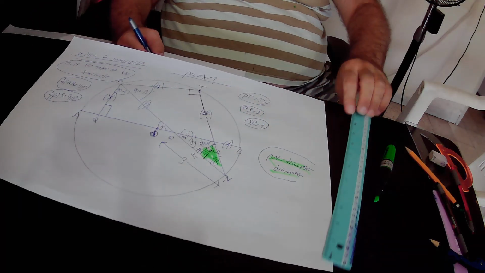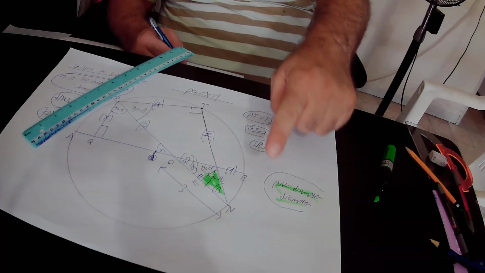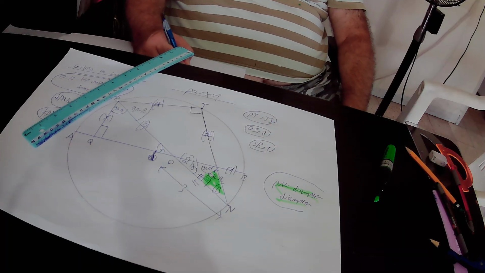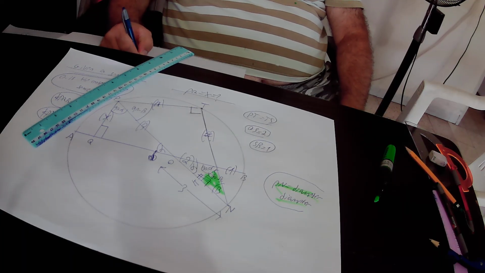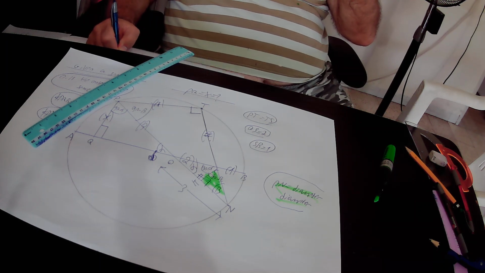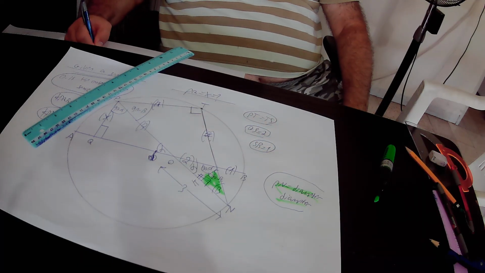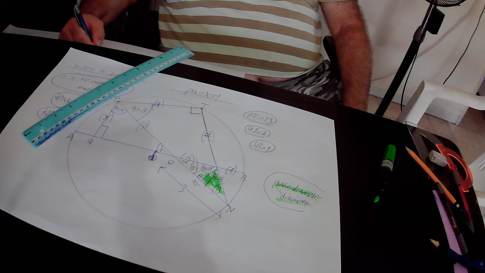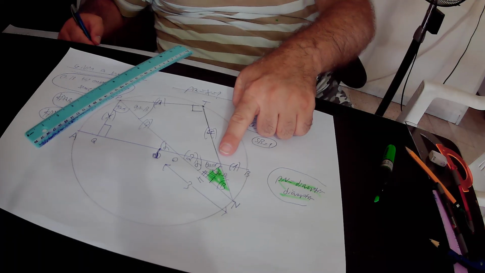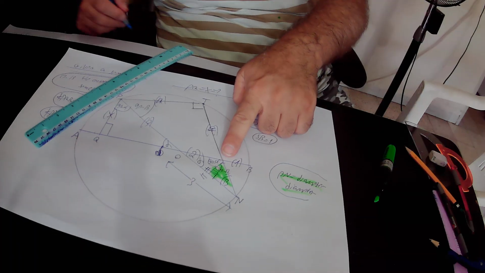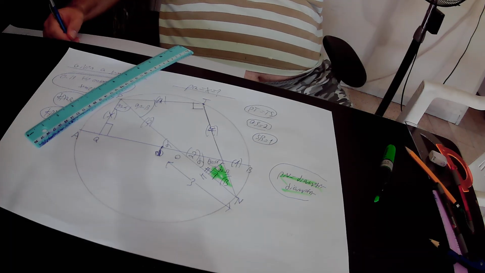Now drawing: chord TN intersects with chord AB, and the intersection point occurs at this point, point S. This letter is S. So chord TN intersects with chord AB at point S.